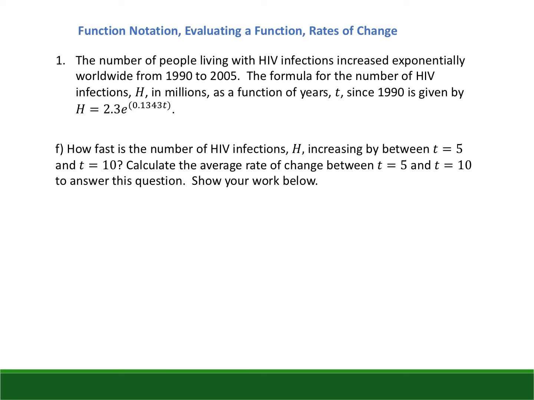Question F asks exactly how fast the number of HIV infections is increasing between t equals 5 and t equals 10. Let's calculate the average rate of change. Going back to the equation, I'll write this in interval notation again: between t equals 5, t sub 1, and t equals 10, t sub 2.